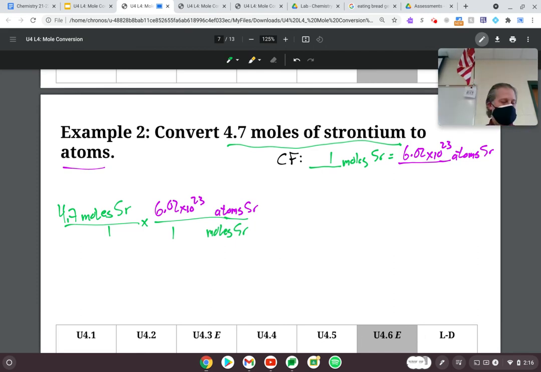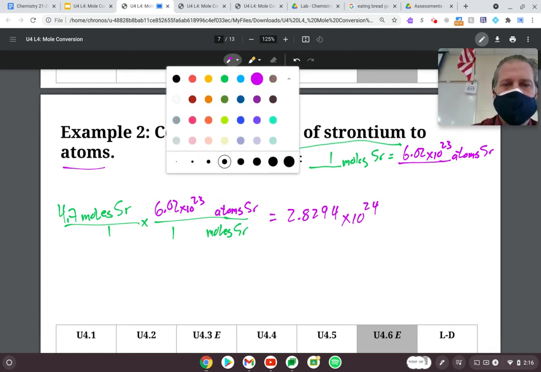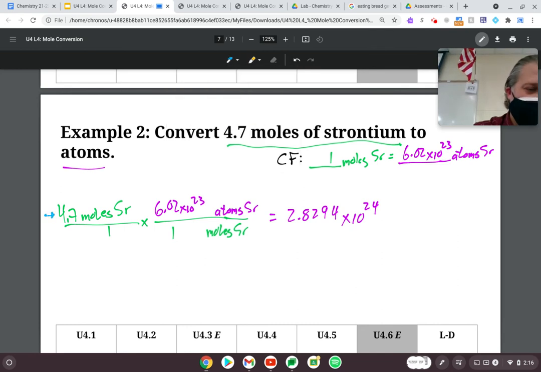So grab your calculator, take 4.7 times 6.02 E23. Let's see what we get. Remember to assess significant figures.